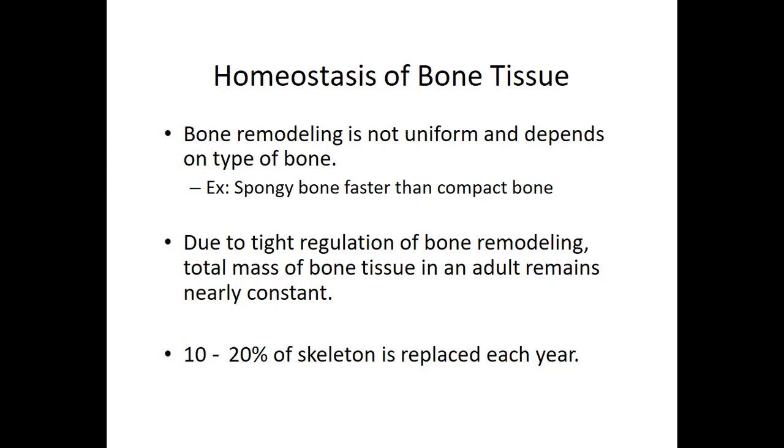So this basically means that as your bones are resorbing calcium and other inorganic materials, it should also be depositing calcium and inorganic materials to help strengthen your bones and repair bones. So this is a tight regulation that occurs because of homeostasis throughout your adult life, so that you should not see a net gain or net loss unless there are some extenuating circumstances, either in the way you are building bone or the way you're tearing down bone.